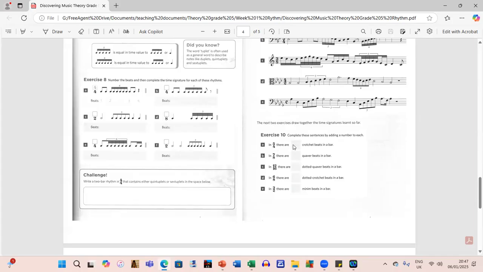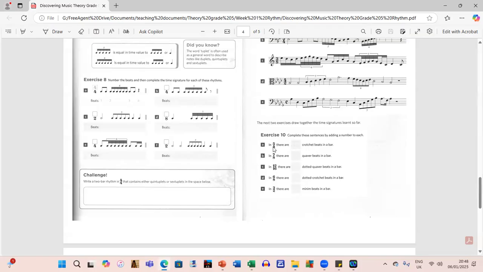Exercise 10. This is in 5/4. When we went through the slides, remember the bottom number: 4 equals crotchets, 8 equals quavers, and so on for semiquavers and minims, and you have to do the maths there. So in 5/4 there are five crotchet beats in a bar.